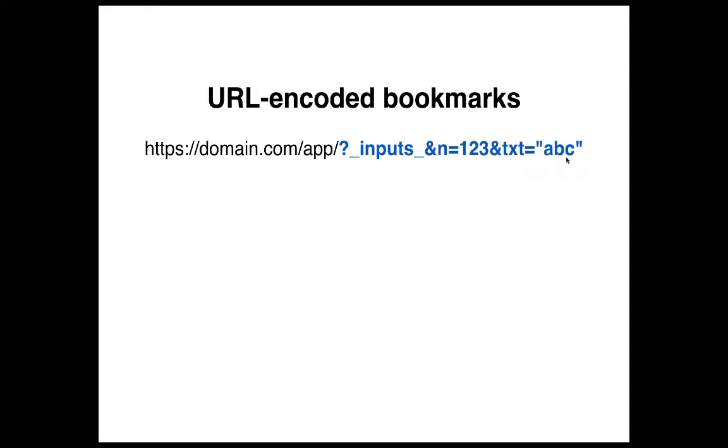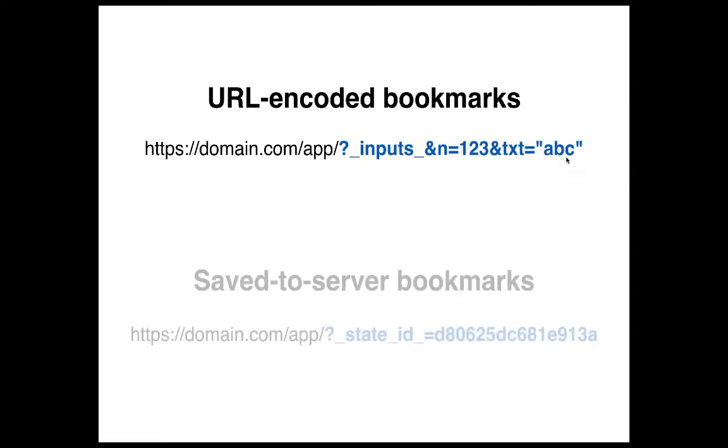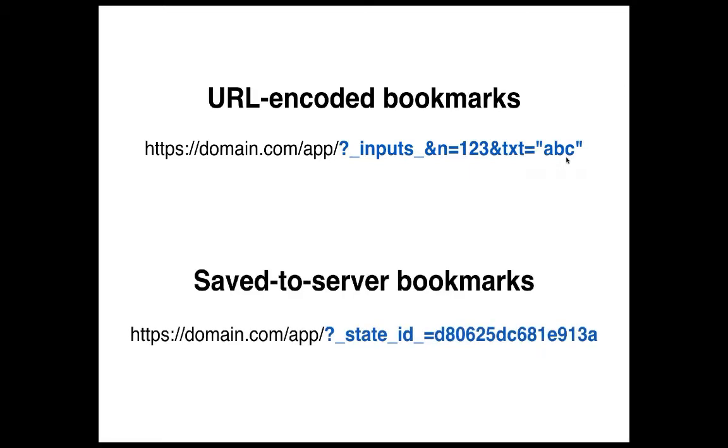But that's not the only way that we can do bookmarking. Another way to do it is to use bookmarks that are saved on the server. For this type of bookmark, instead of encoding all this information about the inputs in the URL, all of that is saved on disk, and it's given an ID.